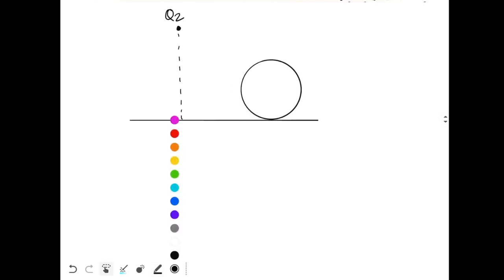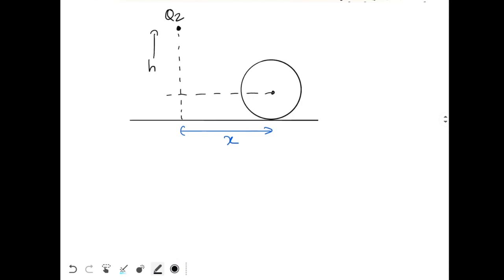Okay, so the disk is displaced horizontally by a distance x. This is the center of the disk. This height is h. Okay, and now let's draw a diagonal over here. So this is the line connecting the two charges.